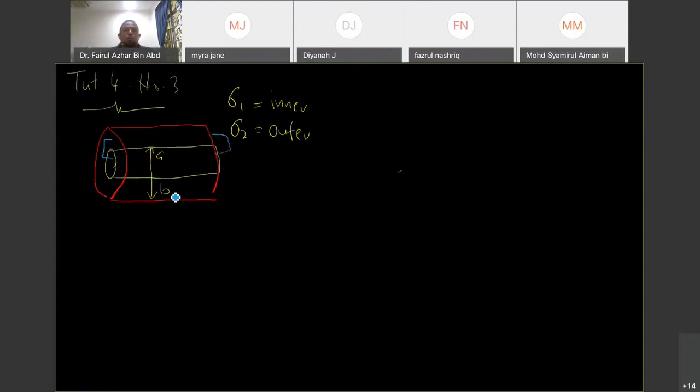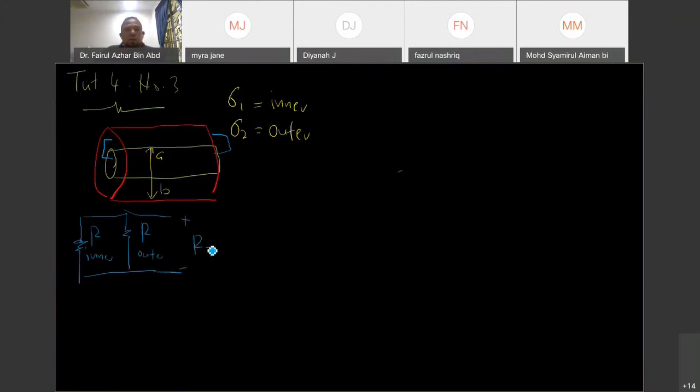If we keep the inner and outer conductor together, the equivalent circuit is like this: R inner is in parallel with R outer, and this is our R total.